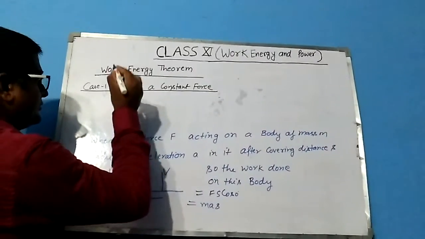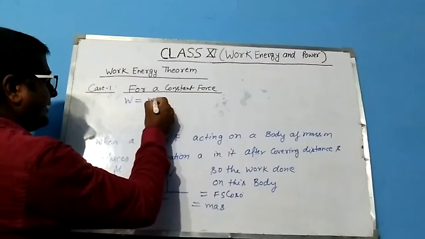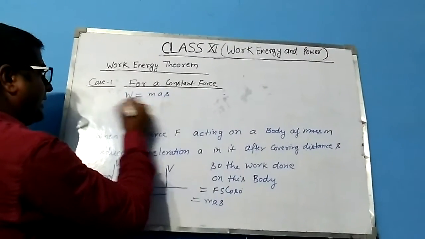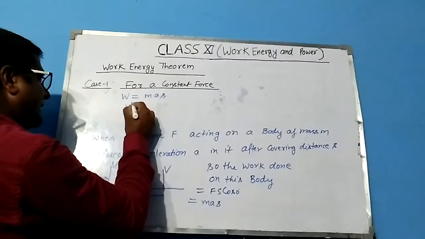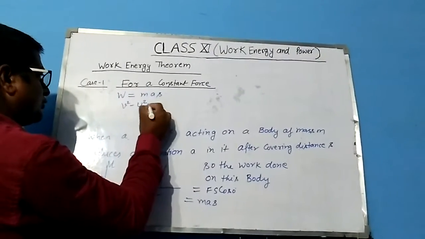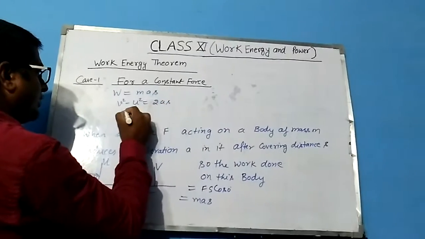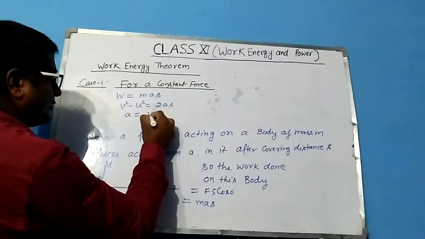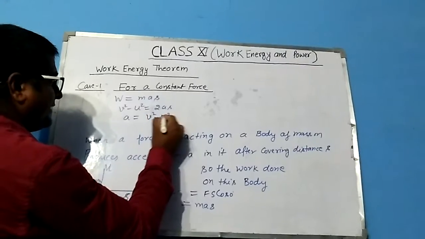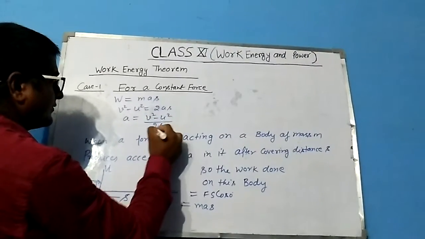Work done equal to m a s. a will be found by v square minus u square equal to 2as. So from the third equation of motion, a equal to v square minus u square by 2s.